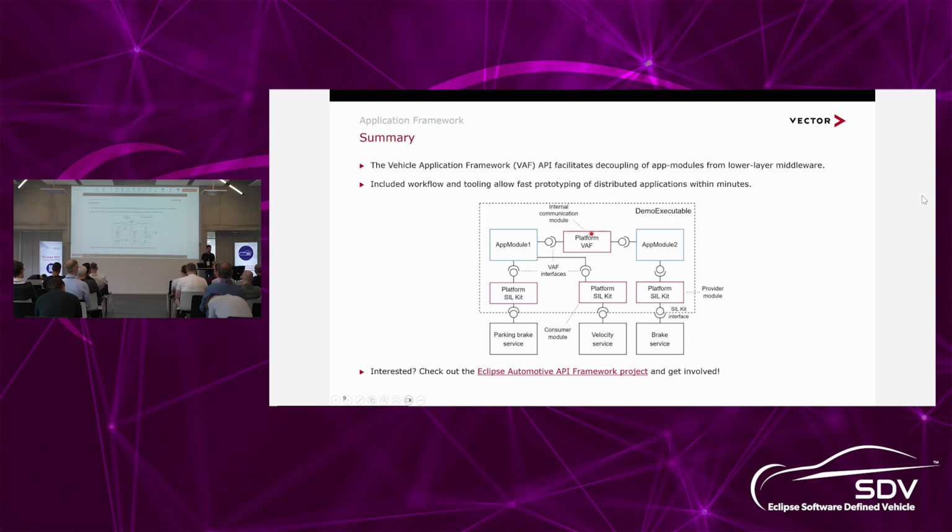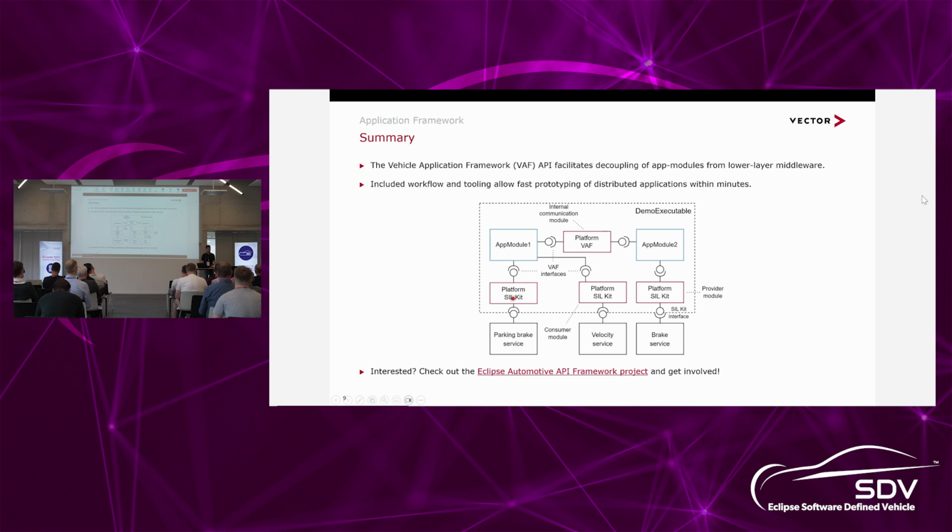Here it's a multi-executable application. In-vehicle communication is the focus here. So we have definitely not thought about connecting anything to the cloud. And uProtocol, as far as I understood, is trying to unify different protocols. But I don't see a conflict here.